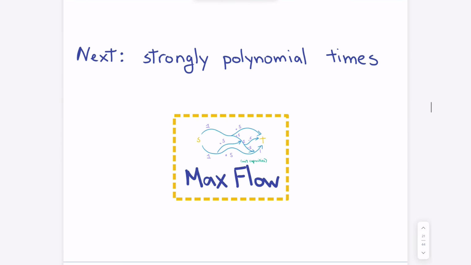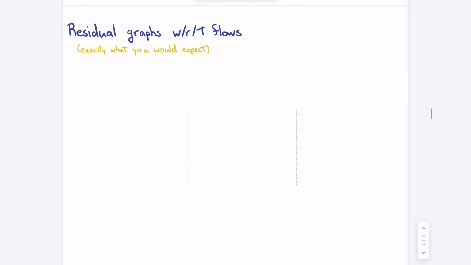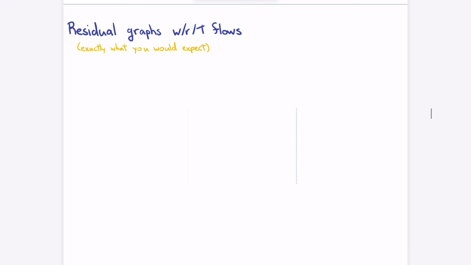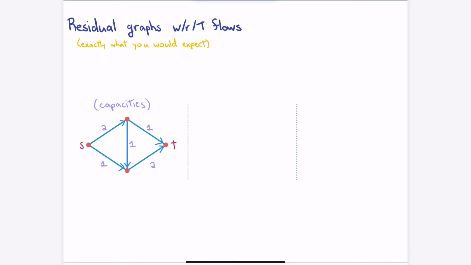Now here's the question we're supposed to ask, but we've been dancing around it. How do we get a real polynomial time algorithm for this problem? We're going to build on the same residual graph idea as last time, and you can define it with respect to flows just like you would expect if you thought of each unit of flow as a fractionally tiny path.